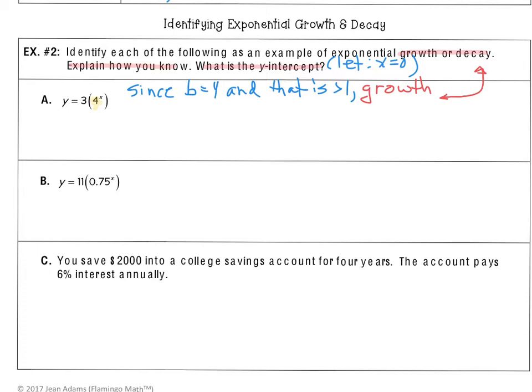So our y-intercept, we're going to let x be 0. So remember, anything to the 0 power is 1. So 4 to the 0 power is 1. So y is 3.